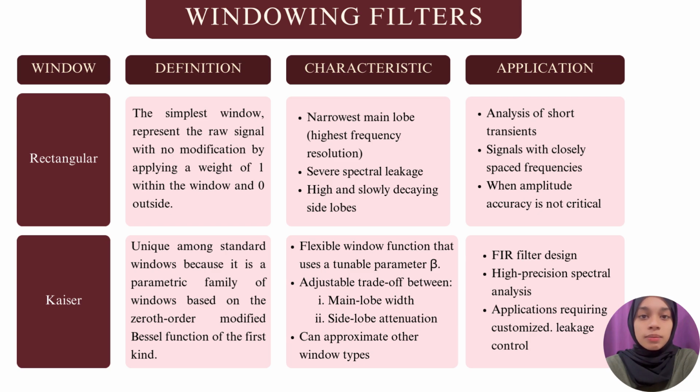This flexibility allows the Kaiser window to approximate the performance of many other windows. Application of Kaiser window. It is highly valued in finite impulse response (FIR) filter design and high precision spectral analysis where the specific leakage characteristics must be customized to the signal requirements.